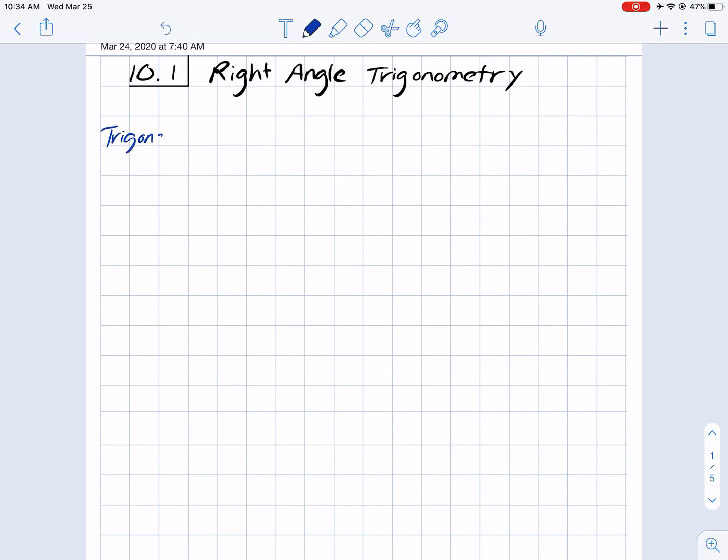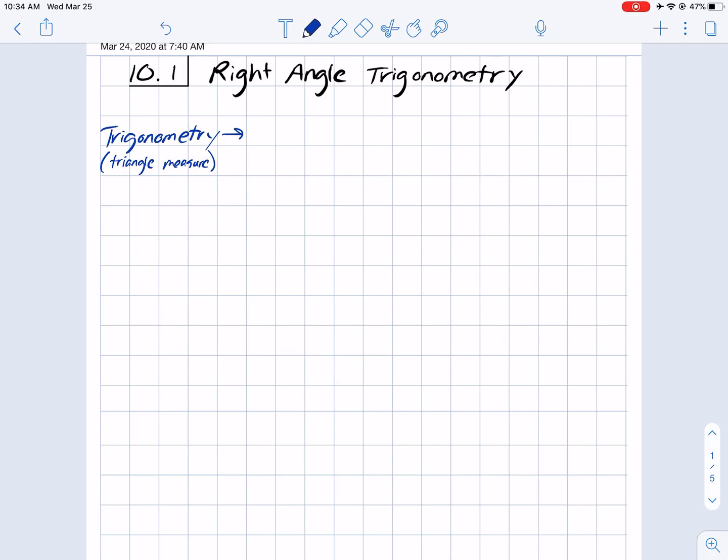So trigonometry, you could just think of as the study or the branch of mathematics that uses triangle measures.